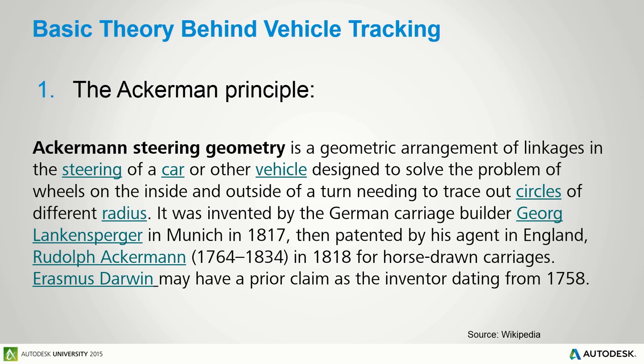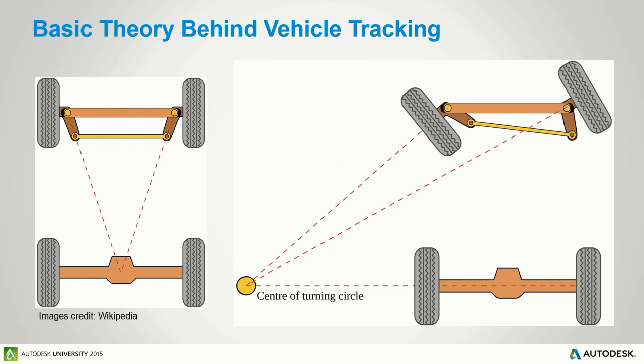What I would like to say is that it is for low speed vehicle movement. What it means is that we are not solving dynamics with high speed, for example, rail or car driving. So basically it's for really low speed maneuvering. So this is what the Ackermann principle is about.